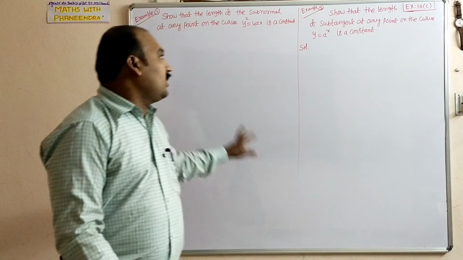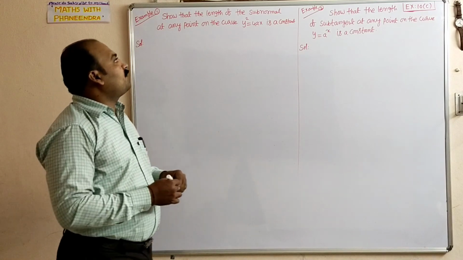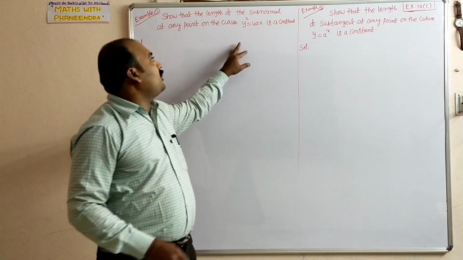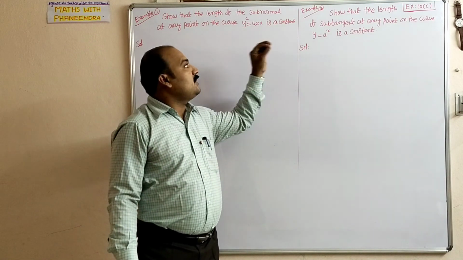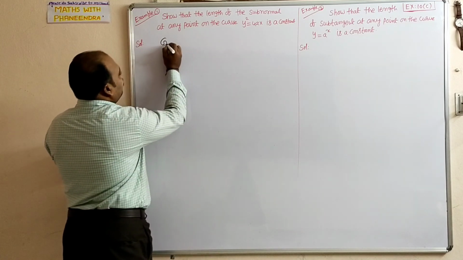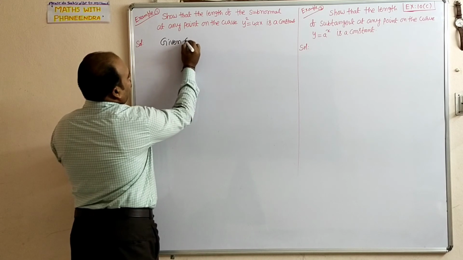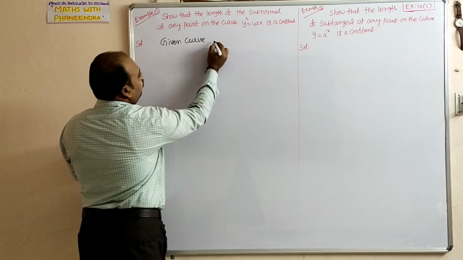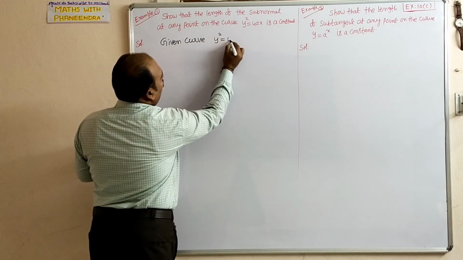Next, example 1. Show that the length of subnormal at any point in the curve y square equal to 4ax is a constant. First, given curve: y square equal to 4ax.